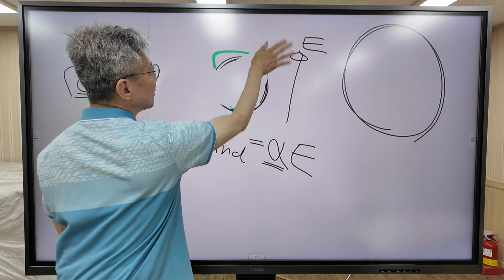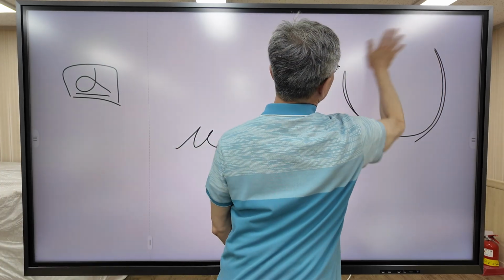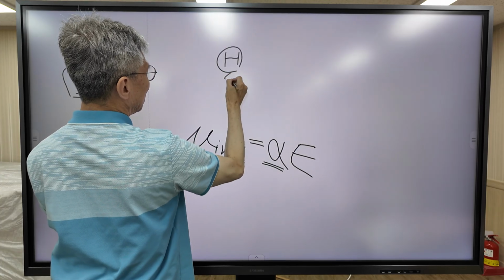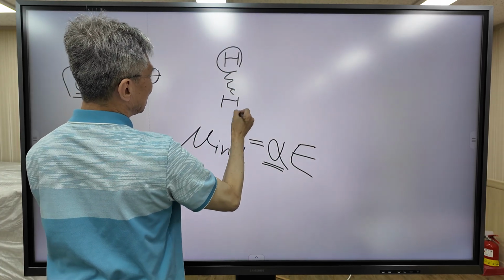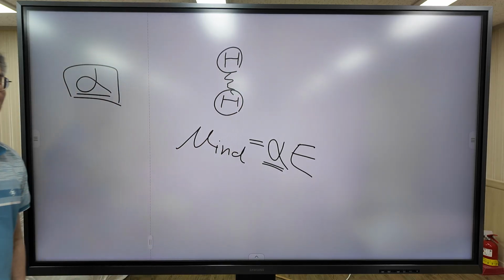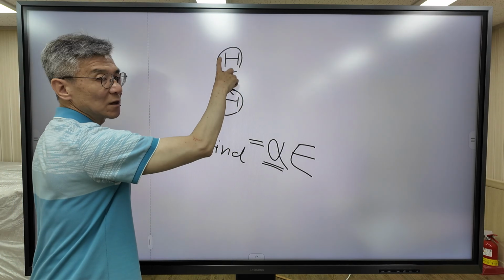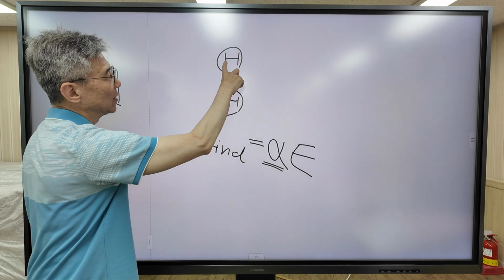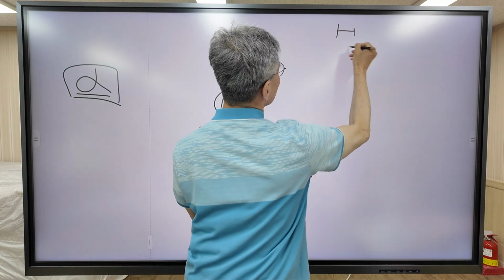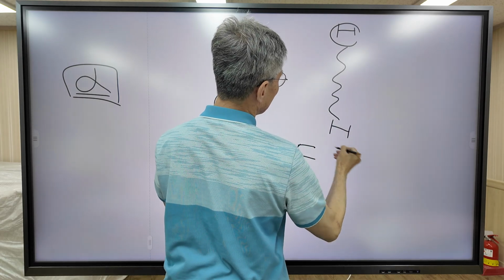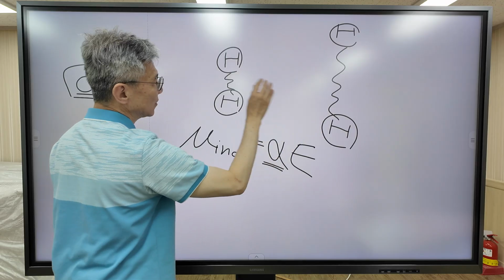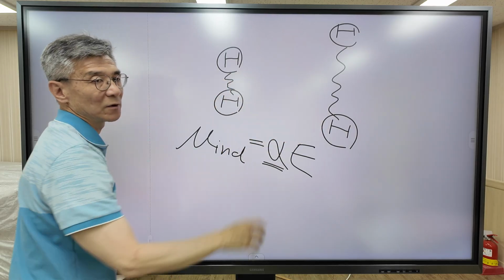But consider the molecule H2. As you know, in the molecule, two atoms are connected by a spring. So the molecule oscillates. Sometimes the molecule stretches, sometimes it compresses, oscillating back and forth.